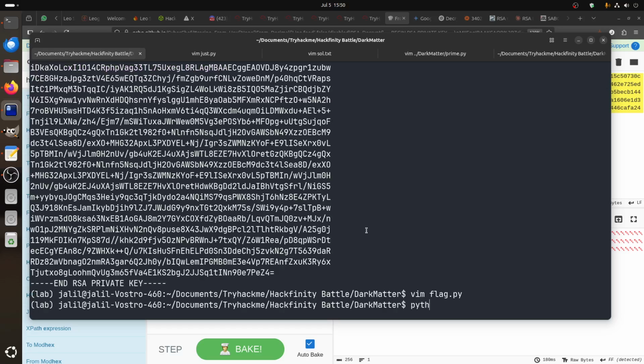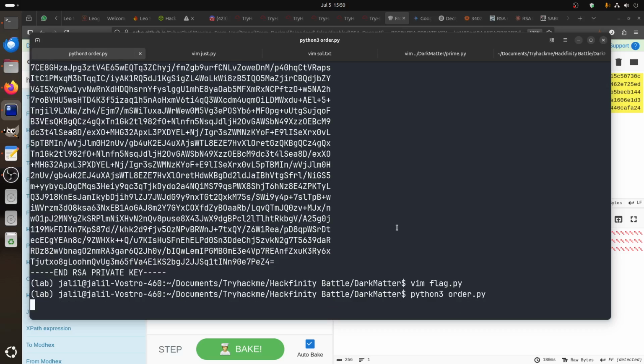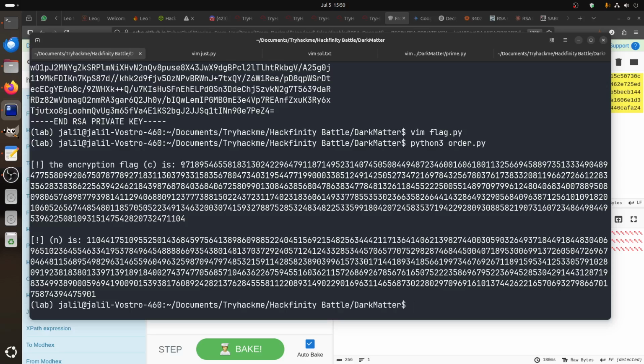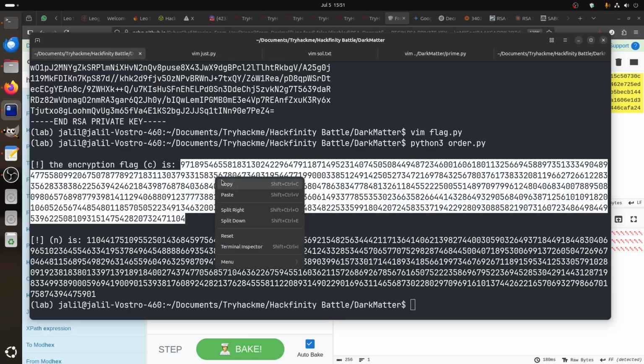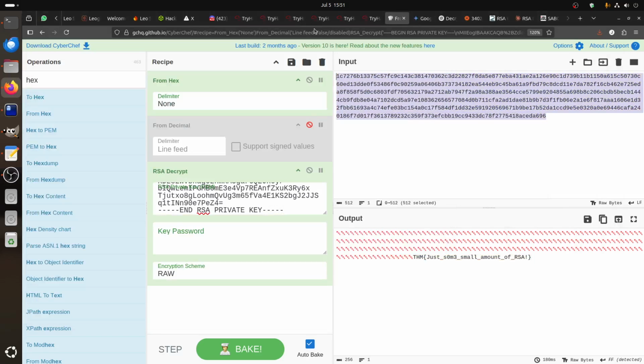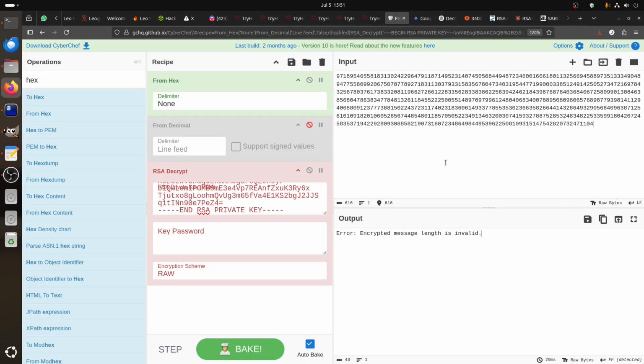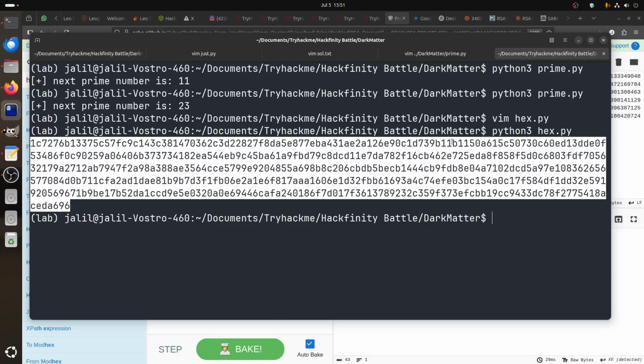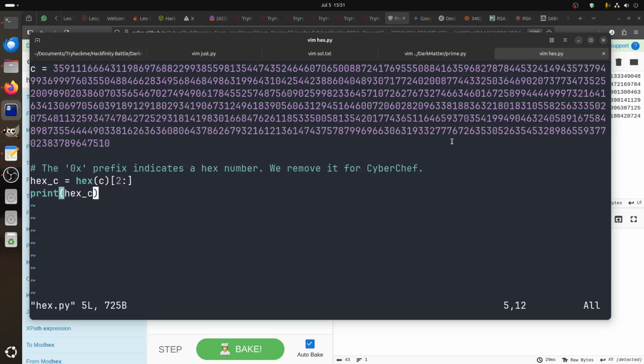So if you run the file, python order.py, now you get the encryption for that. Remember, the encryption changes each time. That's not a problem. And now we need to go to decimal and get the hex quickly.